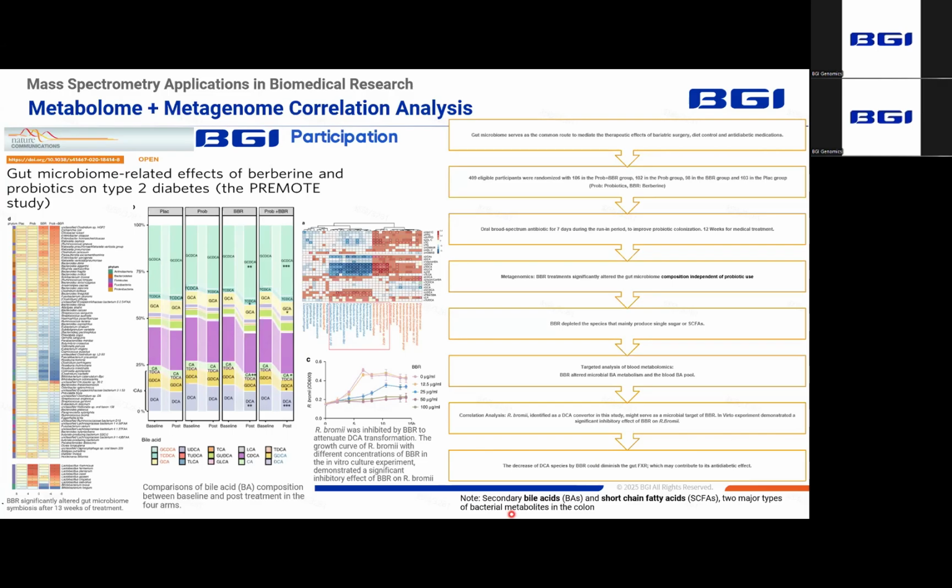These illustrate how integrated omics can move us from observation to mechanism, from what changes to why it changes.